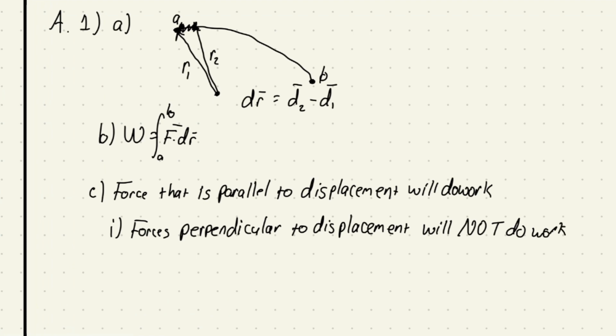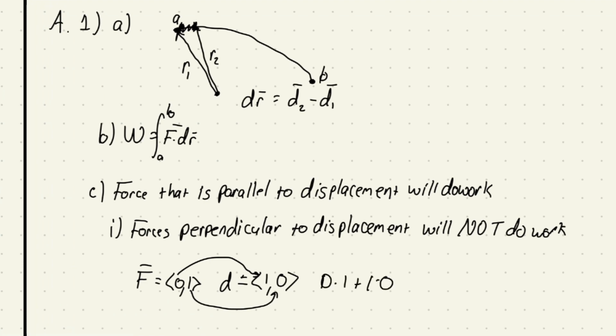And just a throwback to that video, if I have a force vector that is, say, 0, 1, and I have a displacement vector that is 1, 0, if I do that dot product, it says take 0 times 1, and then add that to 1 times 0, and that's just 0.